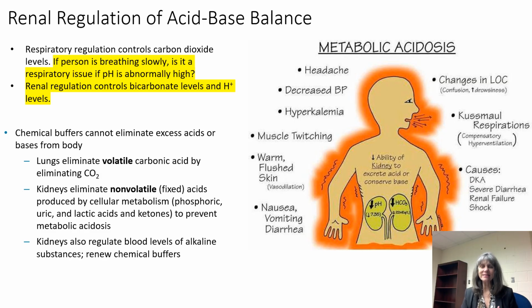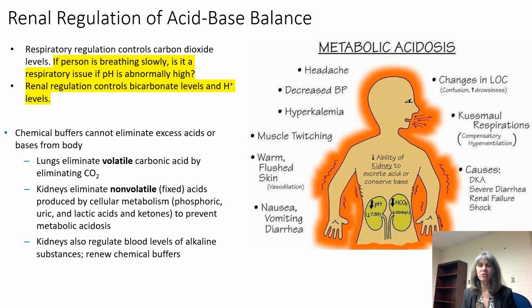And our kidneys can get rid of those acids to help prevent metabolic acidosis. Our kidneys also regulate blood levels of alkaline substances and can renew chemical buffers.